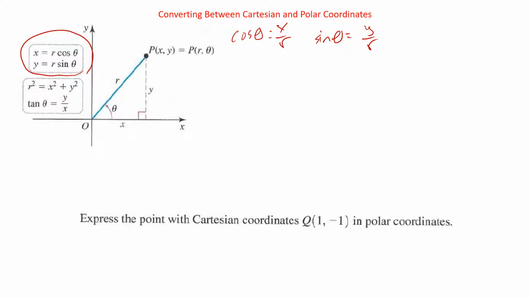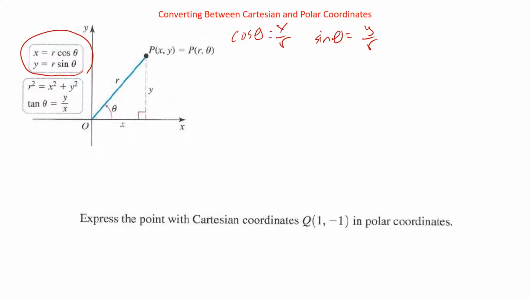That's how to go from polar to Cartesian, because we have a theta and we have a radius. You do the radius times cosine theta to get x, the radius times sine theta to get y.